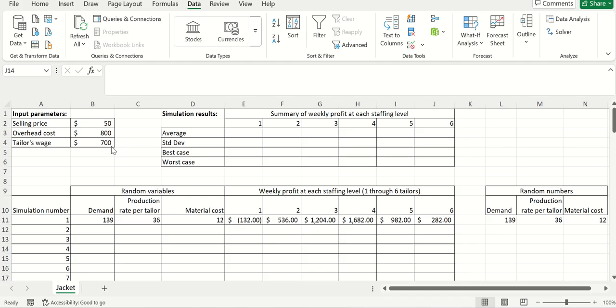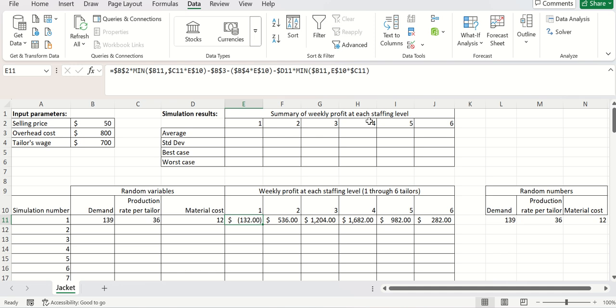And then before you jump into making this stochastic, what I have done is if we said, based on the data, that the average demand is 139 jackets a week, that the production rate per tailor is 36 jackets per tailor, and the material cost is $12 per jacket, we could go through and calculate deterministically the amount of profit that would be made for having 1, 2, 3, 4, 5, or 6 tailors.